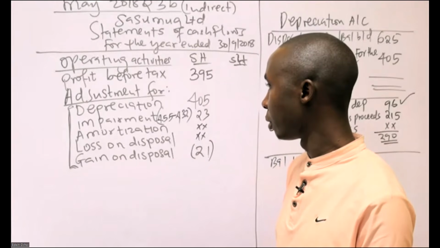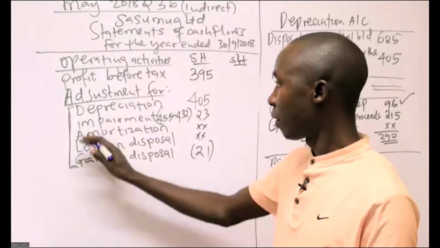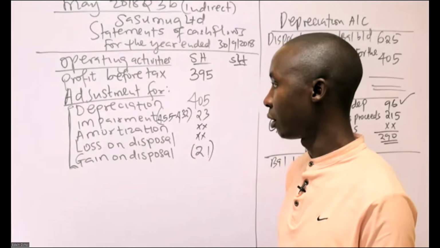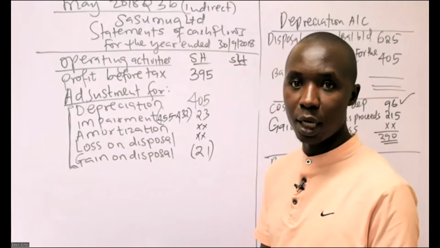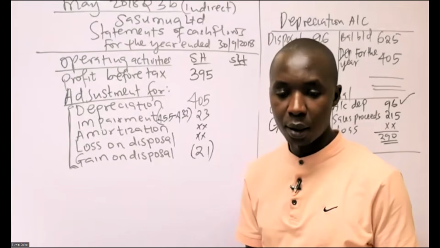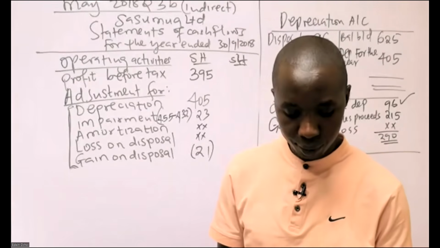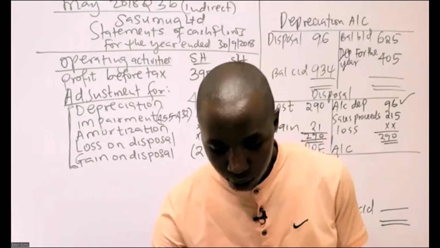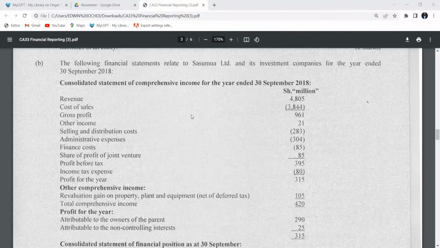Then, after you have recorded now the first 5 items, you go back to your income statement, under profit before tax. So let me display that. The income statement.